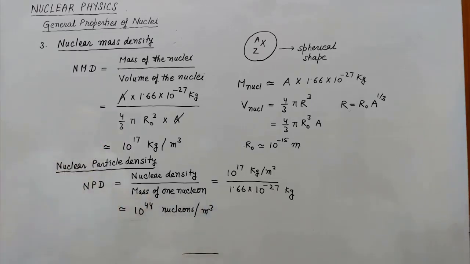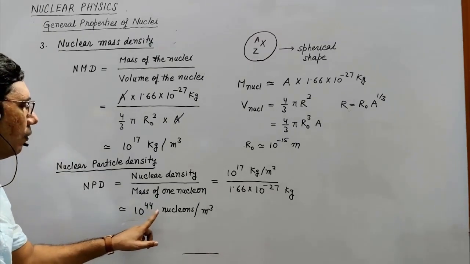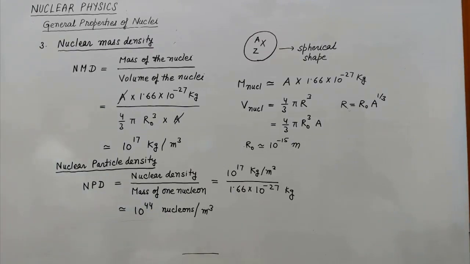So nuclear particle density means how many nucleons are present in 1 meter cube volume. This comes out to be 10 to the power 44 nucleons per meter cube.